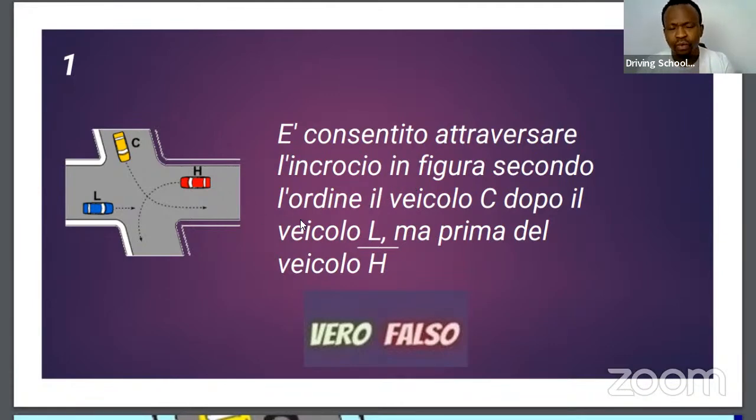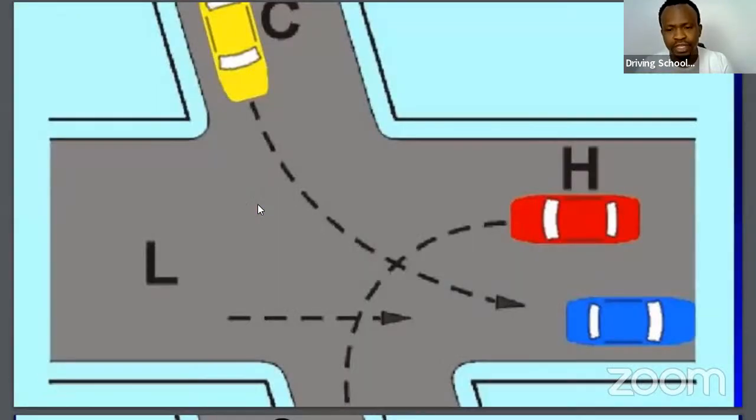What the question is saying is this: in this kind of intersection, is the passage of the vehicles allowed in the order C, but after the passage of L, but before the passage of H. They just try to turn it upside down.